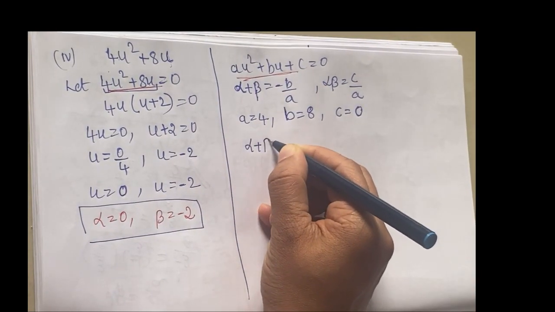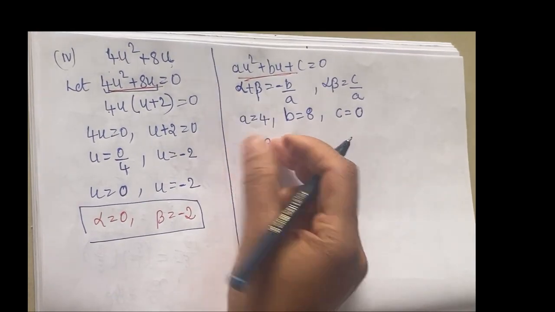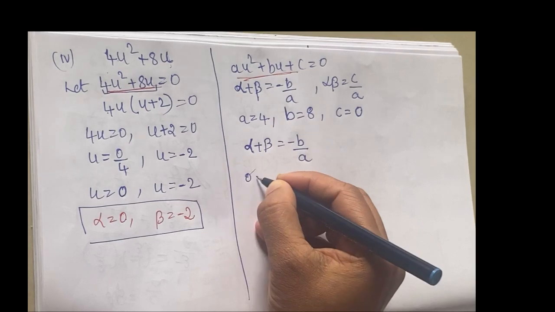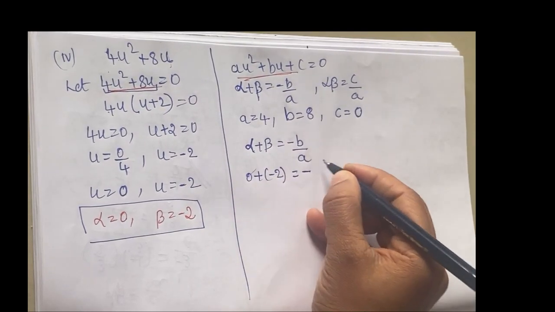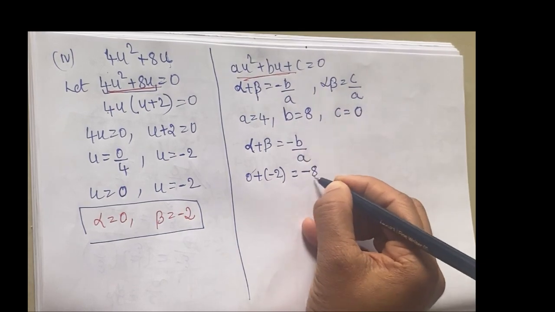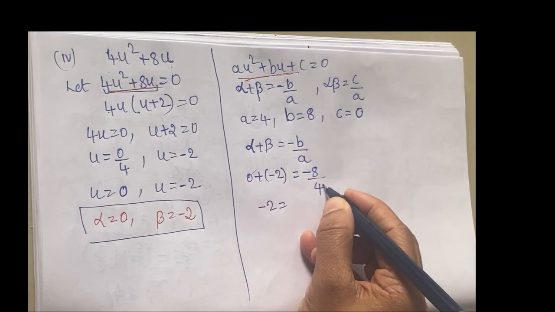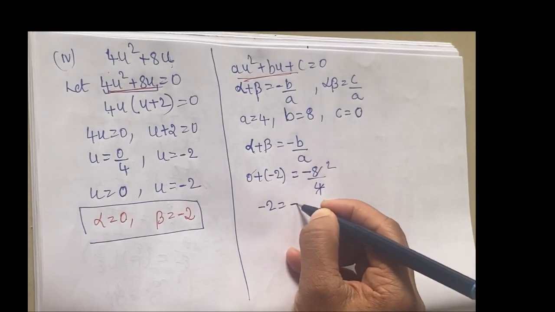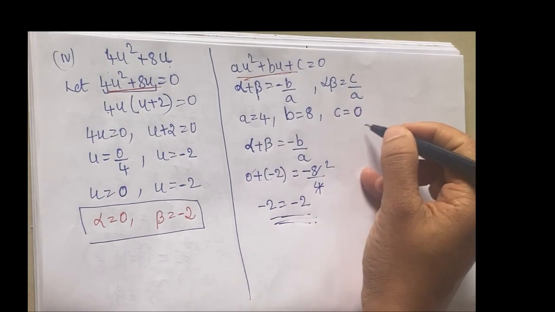Alpha plus beta is equal to minus b by a, the sum of the zeros. Alpha is 0, beta is minus 2, so 0 plus minus 2 is minus 2. Minus b by a is minus 8 by 4, and 2 fours are 8, so minus 2. Minus 2 is equal to minus 2.